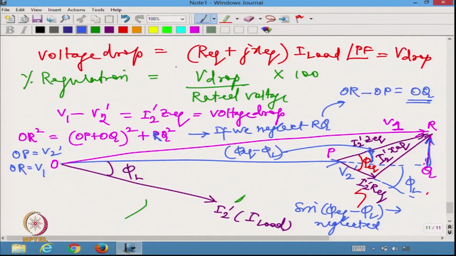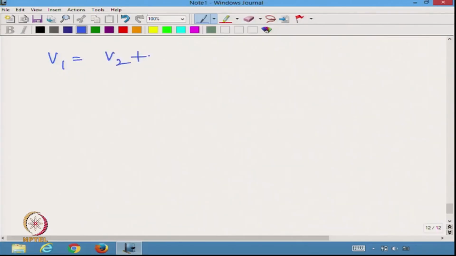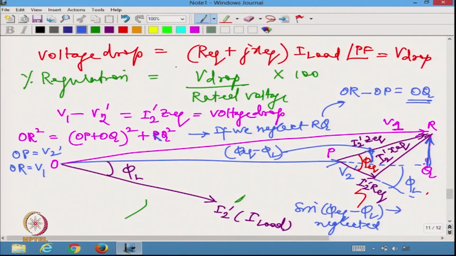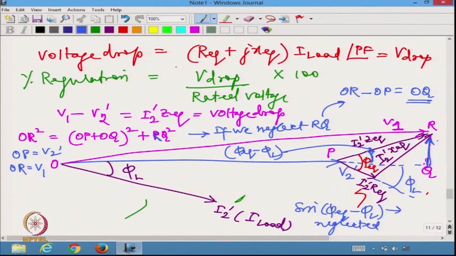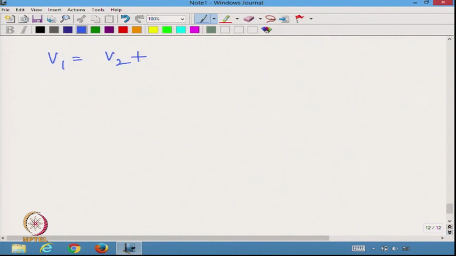So, I can write now V1 equal to V2 plus, let me go back to the previous one, actually OQ. I am writing basically what is OQ.